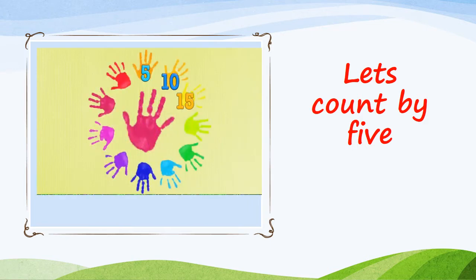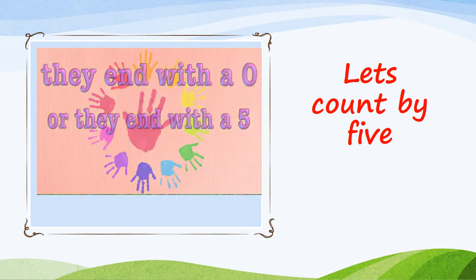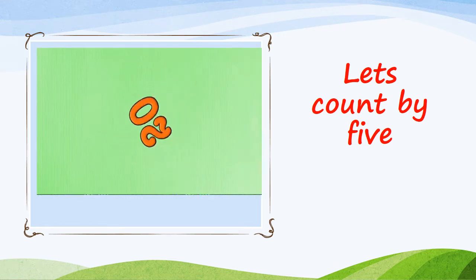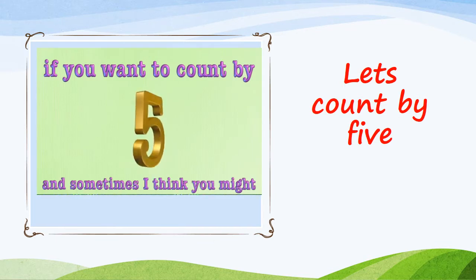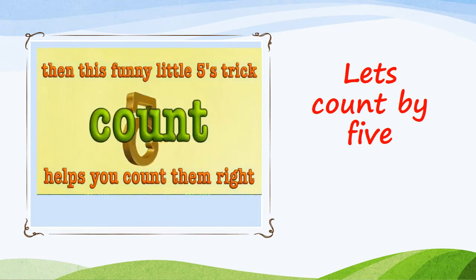5, 10, 15, 20, 25, 30, 35, 40, 45, 50, 55, 60. They end with a 0 or they end with a 5. If you wanna count by fives, and sometimes I think you might, then this funny little 5 trick helps you count them right.